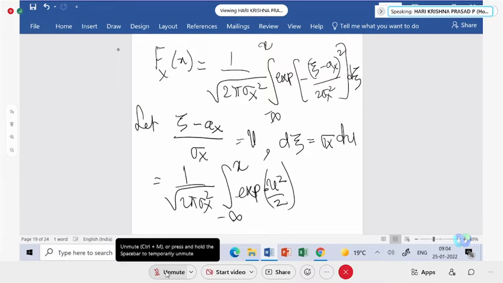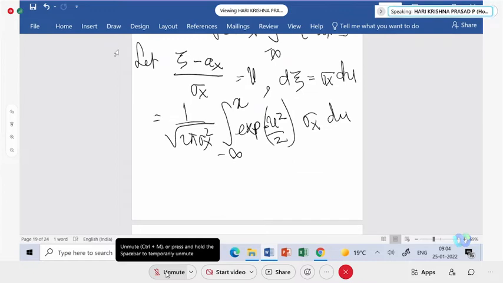In that place, you can write sigma x du. Then simply I can write it as 1 by 2 pi under root. What are the limits, please? Limits are to be interchanged, modified, right? So let me change the limits.